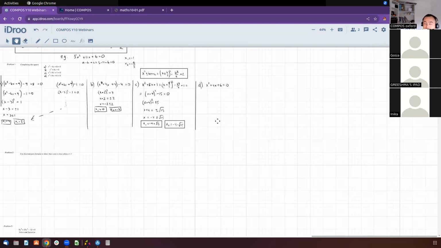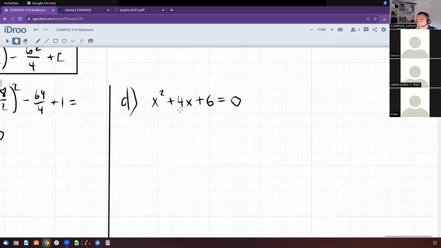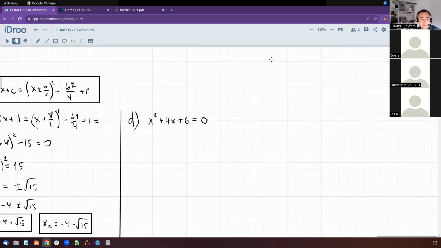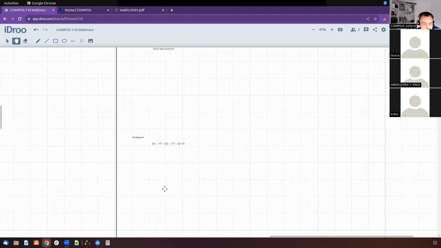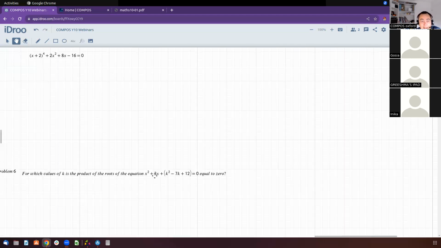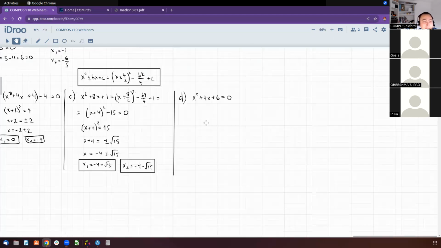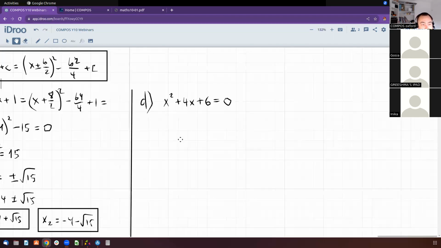Those of you who are very confident with question D, go try to do question 7 from here, problem 7, the one I've shown you down here. And I will go through this one a bit slower than the previous one.